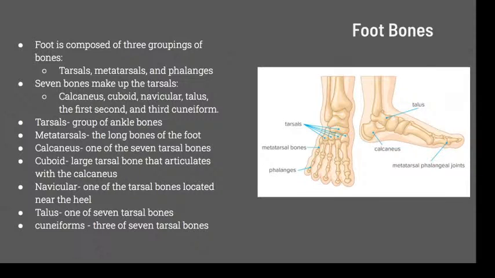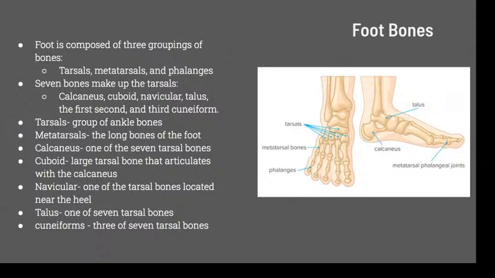There are two phalanges, proximal and distal, in the big toe, and three in each of the other toes, as they each have an additional middle phalanx. The phalanges of the toes are flatter and shorter than those in the hand.